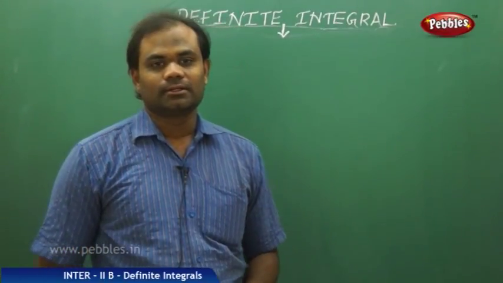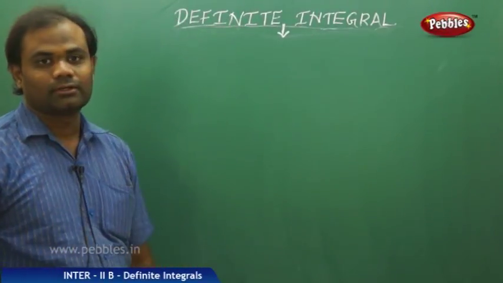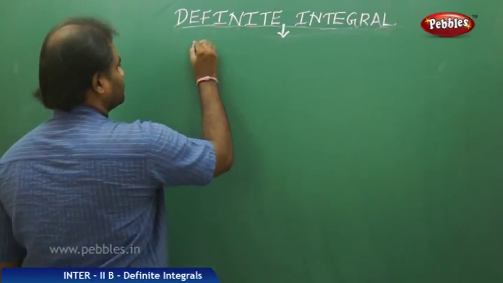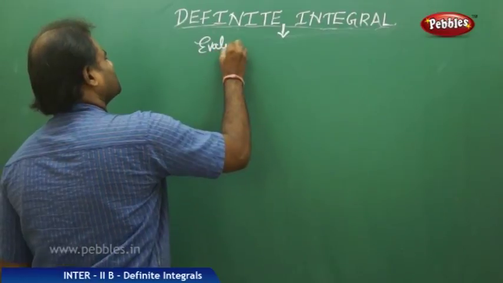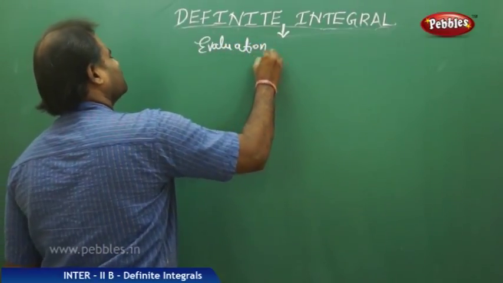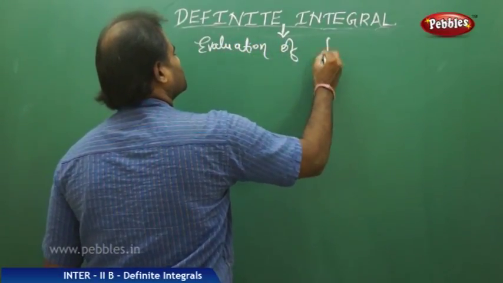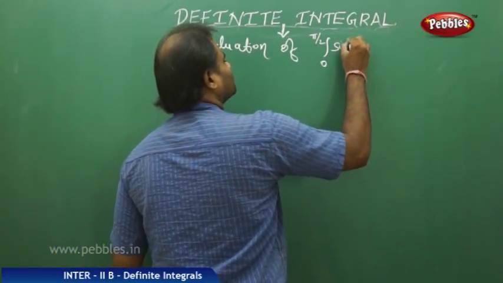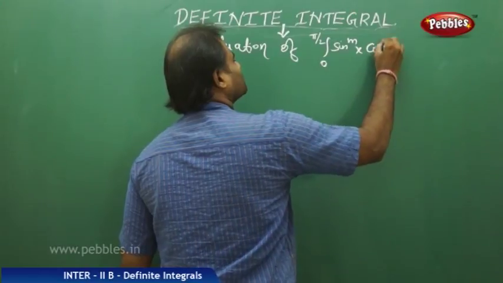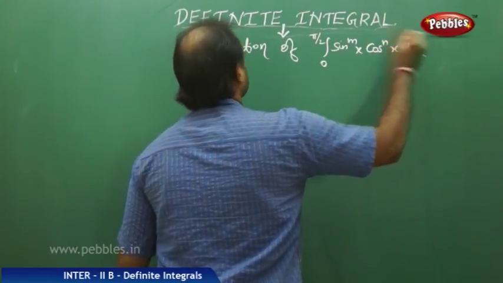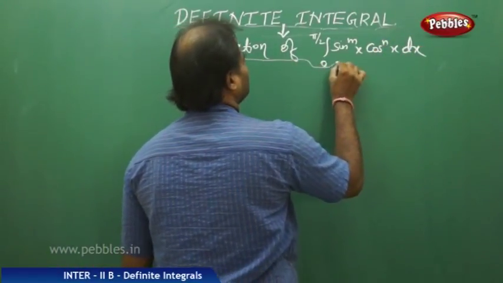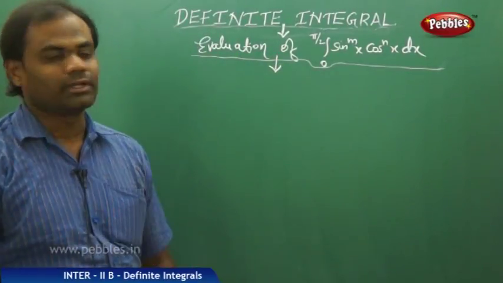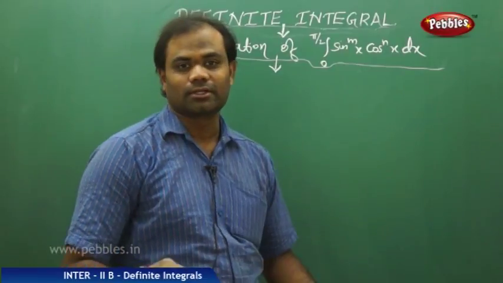Now let's see the evaluation of the integral with a combination of m and n. That is, evaluation of integral 0 to pi by 2 of sin power mx cos power nx dx. So let's see how we can evaluate this integral using the formulae.